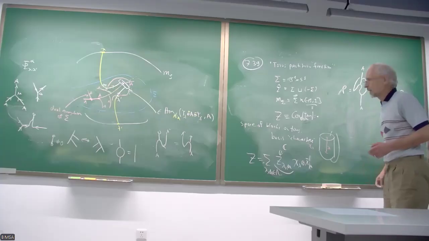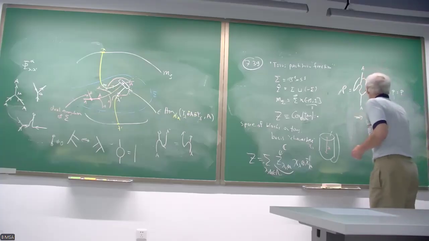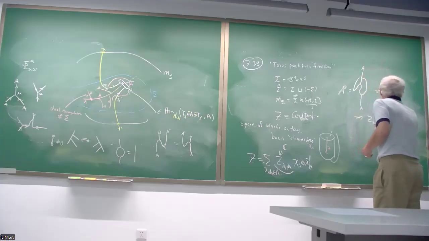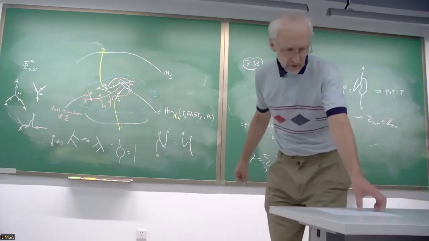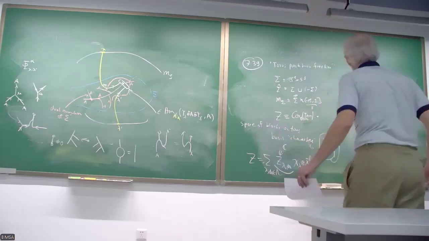So it's a trace of an idempotent, and therefore it follows that Z lambda mu is in fact a non-negative integer. That you prove very easily, and this is one requirement that this partition function should fulfill.